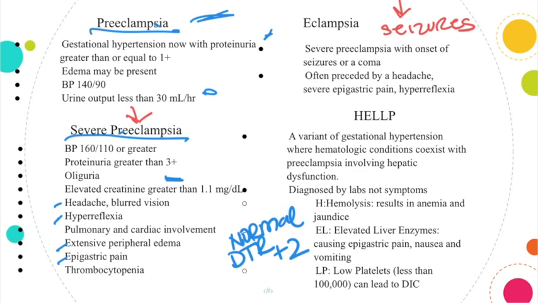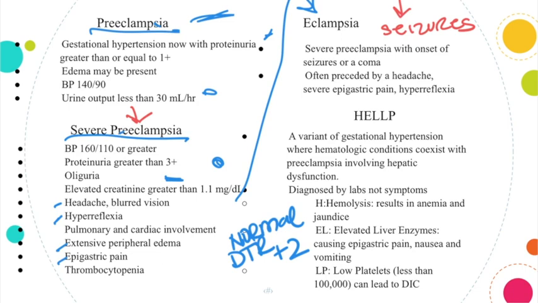So again, we're going to admit them, try to get their pressures down because we don't want them moving into this stage. This stage is called eclampsia. Right now, we're having seizures. I want you to think about your baby. There's always two patients. There's the pregnant person and there's the baby. If the pregnant person is seizing, what do you think is happening to the baby? So we really don't want the patient to progress to becoming eclamptic.